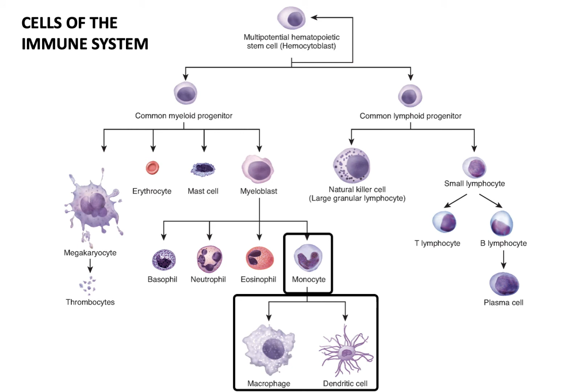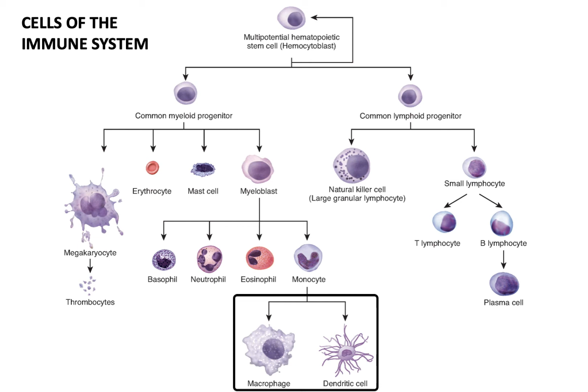And then the monocytes down here are primarily for two reasons. One is this dendritic cell, which is an antigen-presenting cell that picks up the epitopes of the proteins from the invading organisms and then presents those to other cells. And the macrophages can immediately phagocytize certain types of cells, such as bacteria.